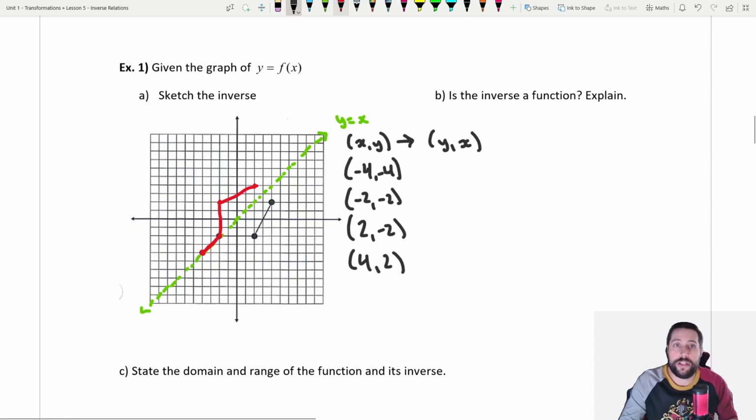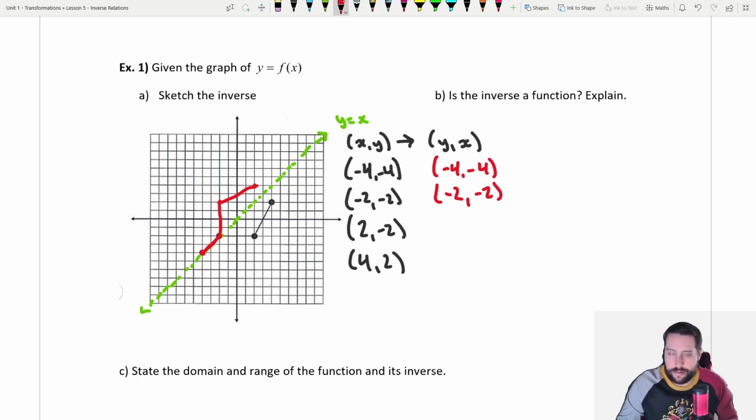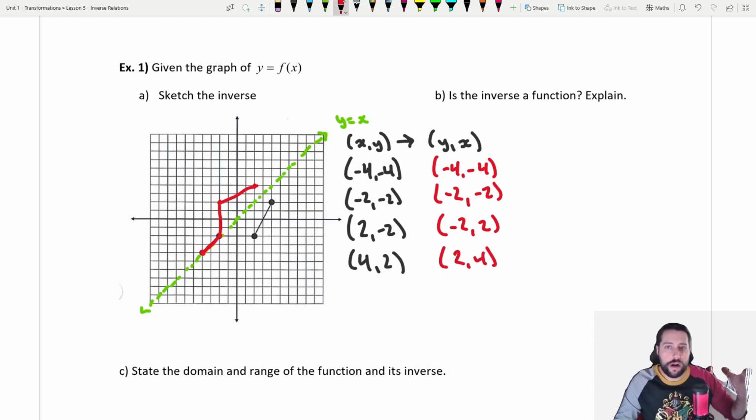When we swap them, these two remain the same because they lie on the line y equals x, so they stayed in the same spot. Their x and y values were the same, so they remained in the same spot. Those are technically our invariant points. Then we have the next one, -2 and 2, and then we graph the point of 2 and 4. So this is our new inverse function.